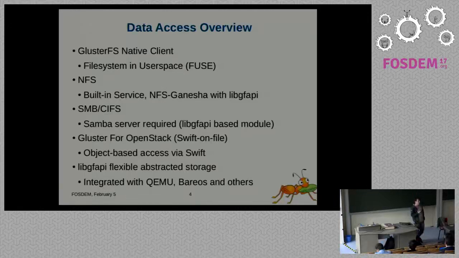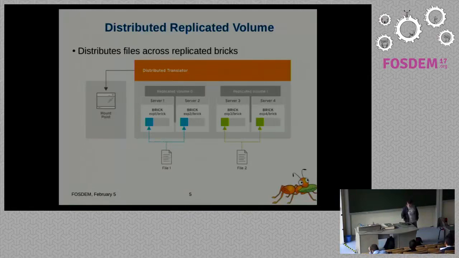So Bareos is a full-featured backup solution, and if you want to back up your Gluster volume onto tape or Amazon Glacier or anything slow, cold storage, Bareos and other backup tools would be able to do that. We even have partnerships, or well, work-together relationships, with commercial products that use Gluster and provide offers for backup.